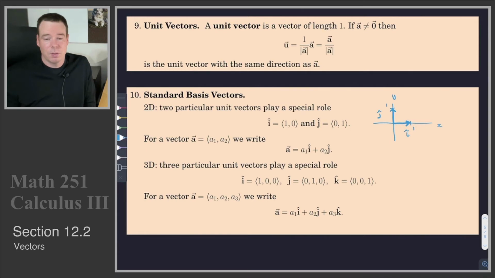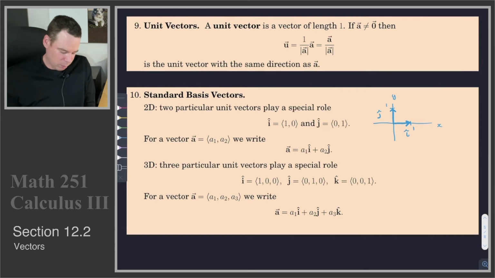For any vector, instead of using the component form with angle brackets, we can now write it in terms of linear combinations of the standard basis vectors. So instead of writing the vector A as <a1, a2>, I could write it as a1 times the i hat vector plus a2 times the j hat vector. It's just another way we can write a vector.